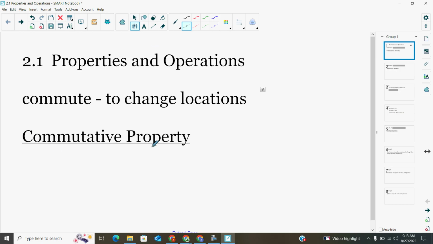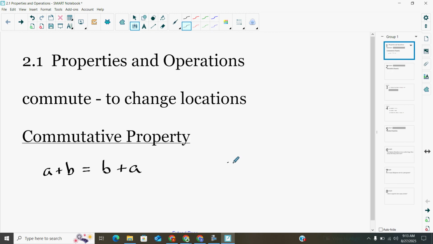So the commutative property is the one that says, if I add two things, I can switch the order around, I can change their locations, and it's still equal to each other. A plus B is equal to B plus A is the commutative property of addition.